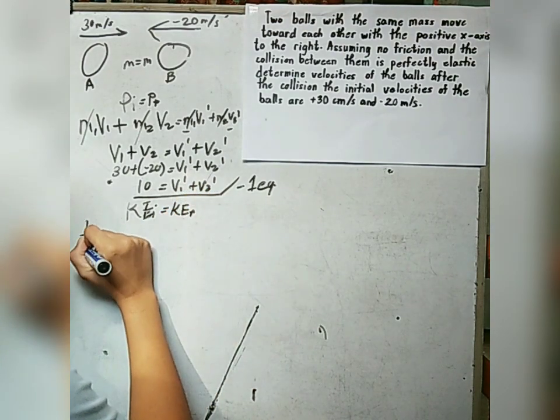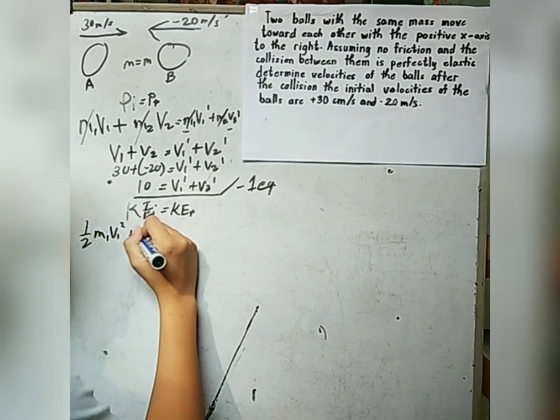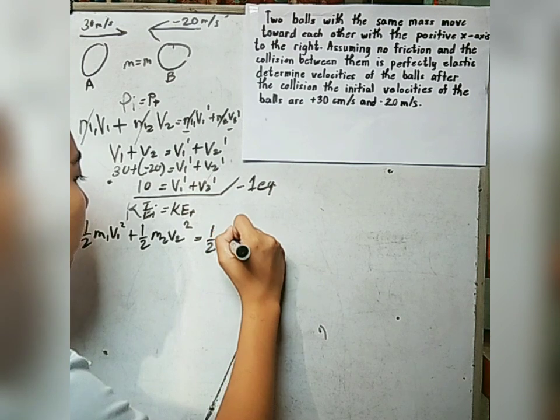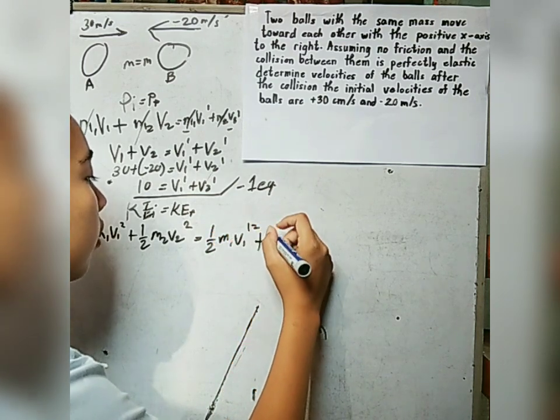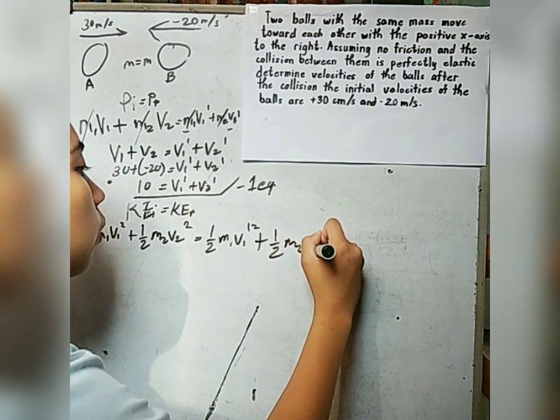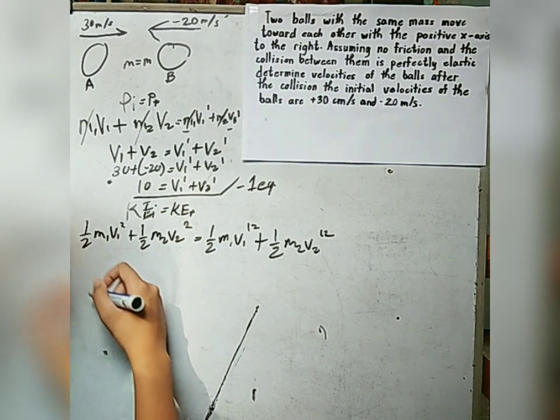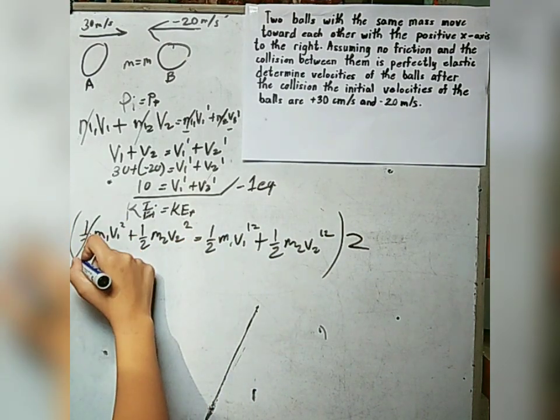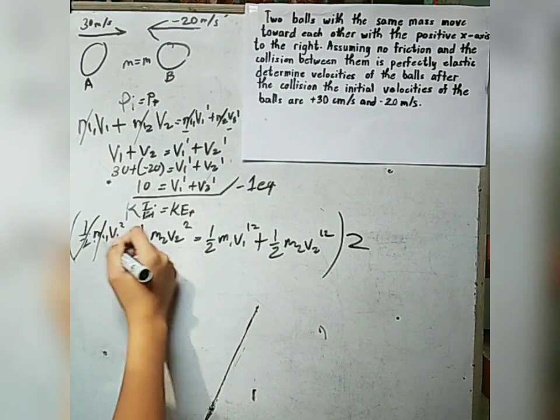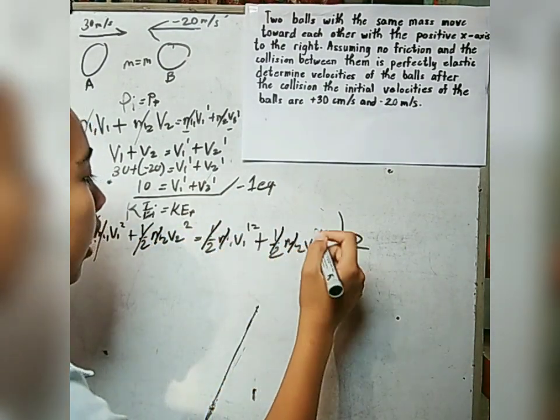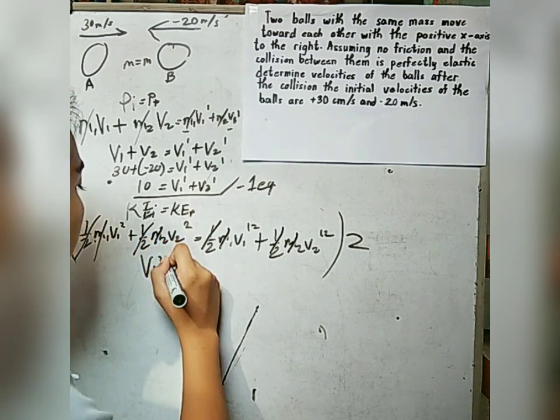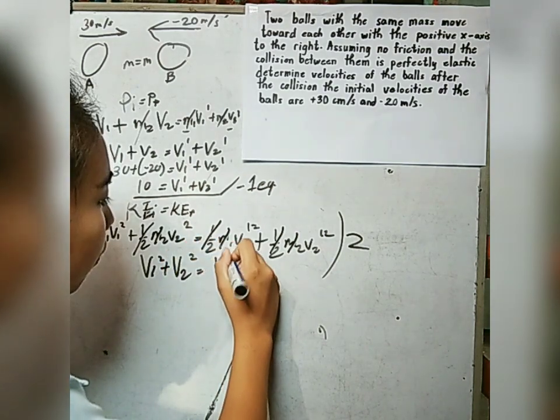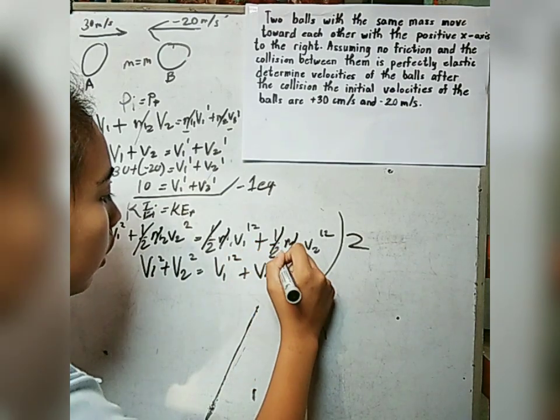So, 1/2 M1 V1 squared plus 1/2 M2 V2 squared is equal to 1/2 M1 V1 final squared plus 1/2 M2 V2 final squared. Multiply both sides by 2 and we can cancel the 1/2, and we can also cancel the mass since they are equal. What remains is V1 squared plus V2 squared is equal to V1 final squared plus V2 final squared.